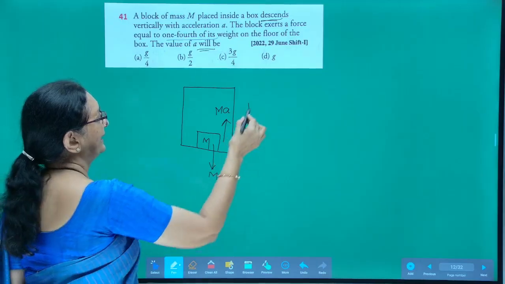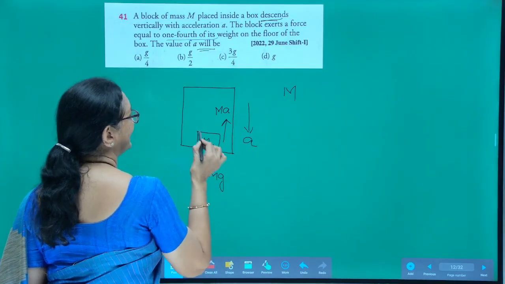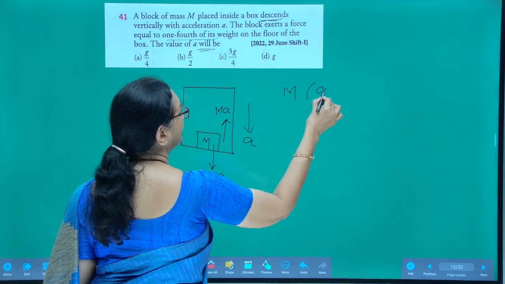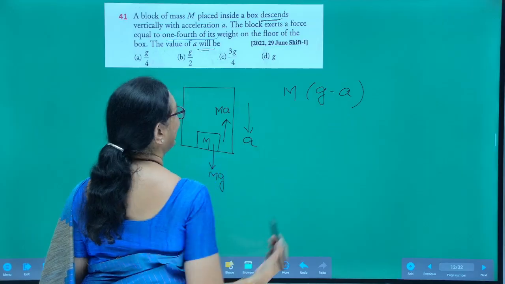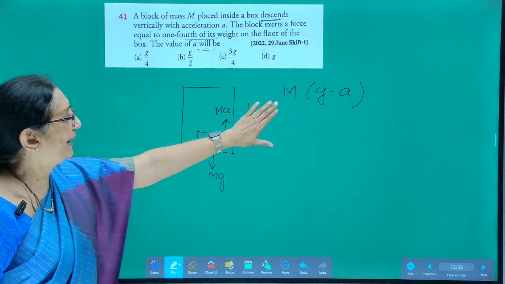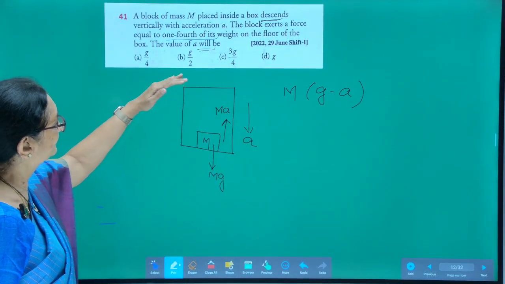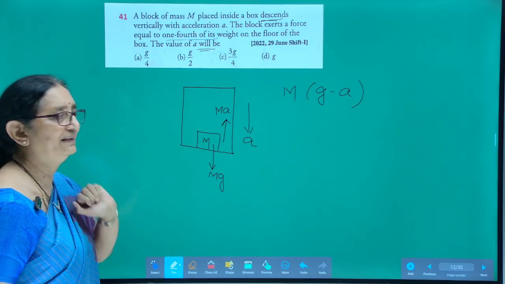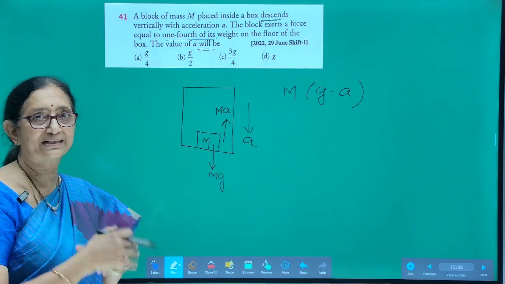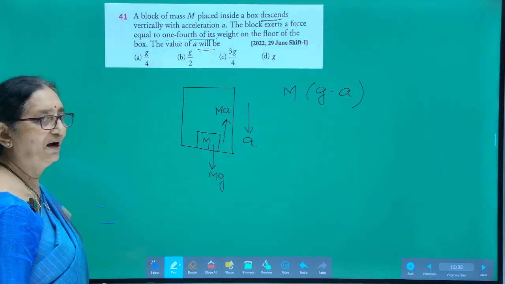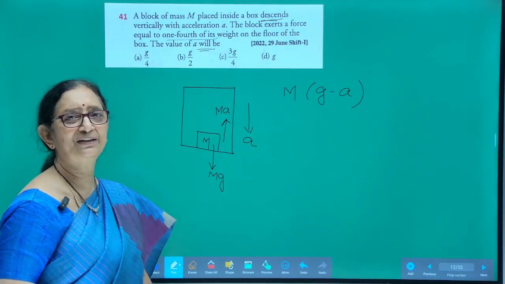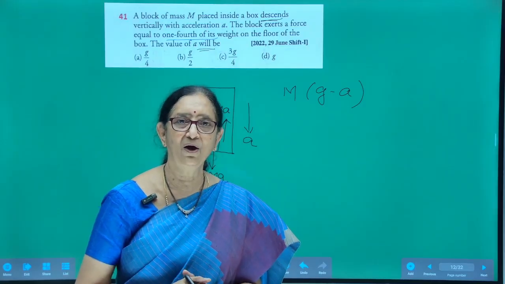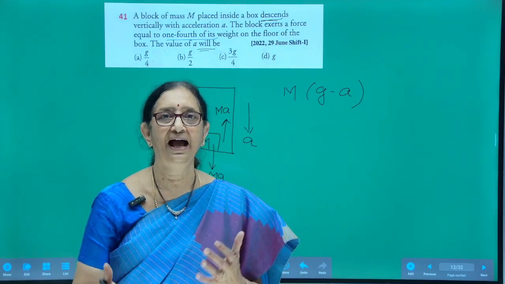The apparent weight of this block inside this big box is m into (g minus a). So, apparent weight is nothing but the force exerted by this block on the floor of the big box in which it is placed. It is just similar to the case of the normal reaction on a block placed in a lift accelerating down.